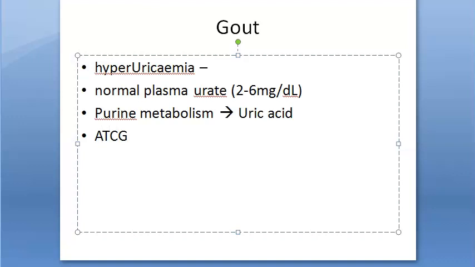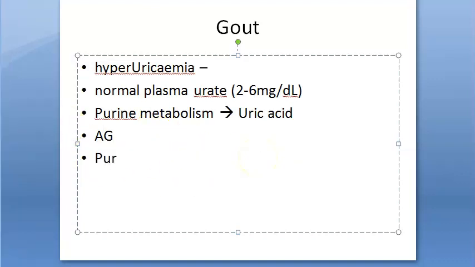Adenosine, thymine, cytosine, guanine. A and G are the two purines. So when these purines are metabolized, they are broken down. When purines like adenosine and other things are broken down, you will get this.